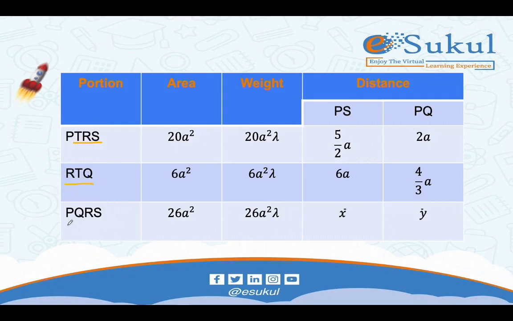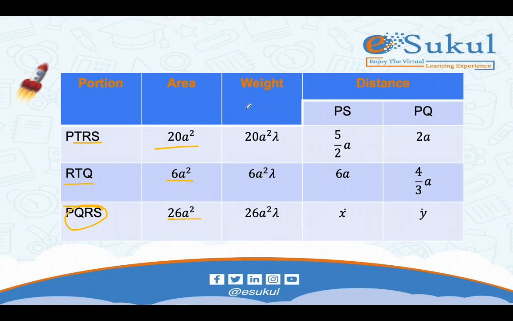And since a known portion were removed from the lamina, we have the whole lamina as PQRS. Then the area, since it's a square lamina, we just have length times width 20 a square. Then for the right angle, which is half base times height, we then have 6 a square. Therefore, since none of them were removed, we just have the sum as 26 a square.